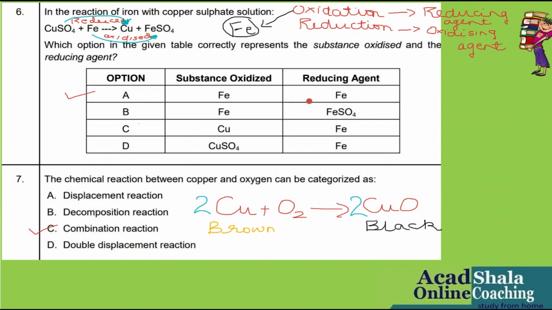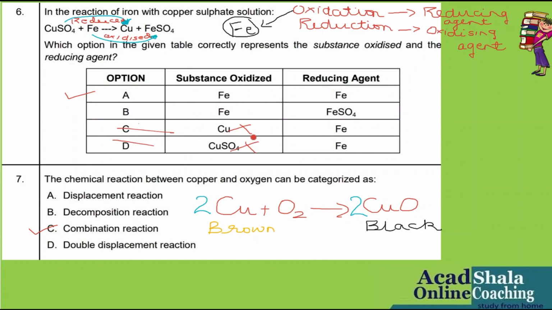And how to discard the options, that also I will tell you a trick. See, first of all, you will come to know that iron should be the substance oxidized. So what I will do first is, this will also not be there, this will also not be there. So these options are cut. We will not even see these two options.